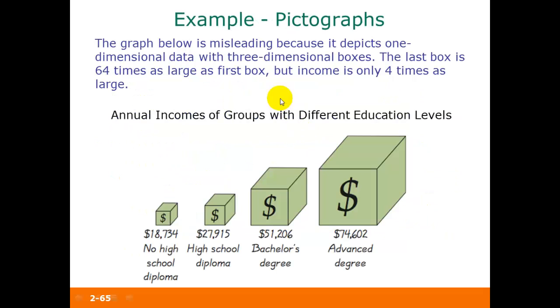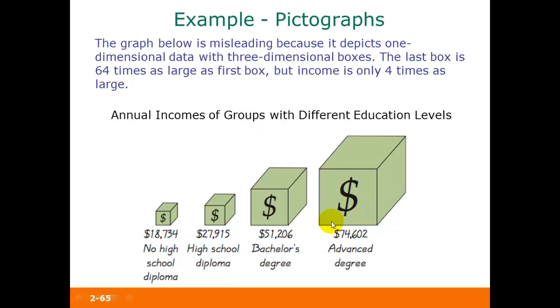Here's an example. The picture that we see here is misleading because it depicts one-dimensional data with three-dimensional boxes. So the last box is actually 64 times as large as the first box, but the income figure is only 4 times as large.